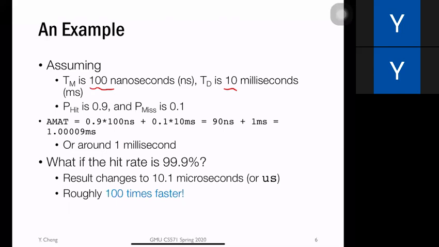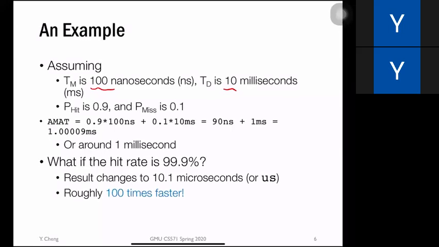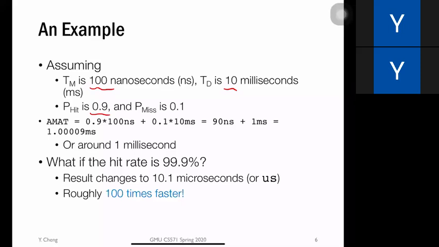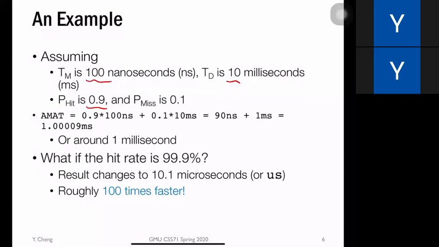And the second part that you need to take into account is the probability, the miss rate or the hit rate. If you know the hit rate, by default you know the miss rate, because the miss rate is just 1 minus hit rate. So in this case, the hit rate, or the probability of getting something in the cache, is 90% or 0.9, right? So correspondingly, the miss rate is 1 minus 0.9, which gives you 0.1 or 10%. Okay?